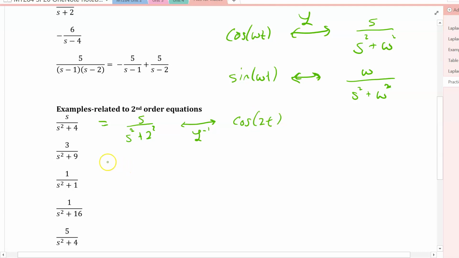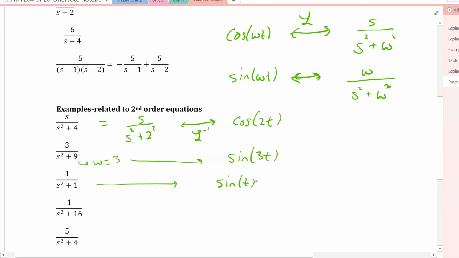Likewise here, omega is 3 for this problem, since we have s squared plus 3 squared. So this one would be related to sine of 3t. Likewise for the third one, pretty straightforward. Since 1 squared is 1, omega is 1 there, so that would be related to just sine of t.